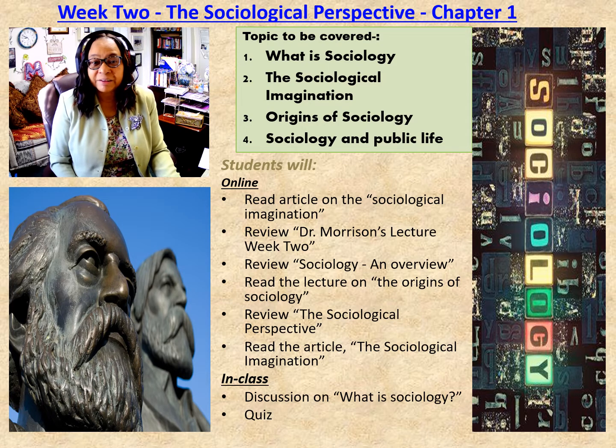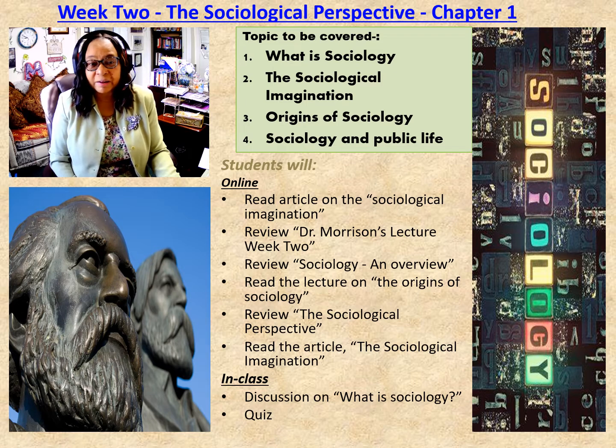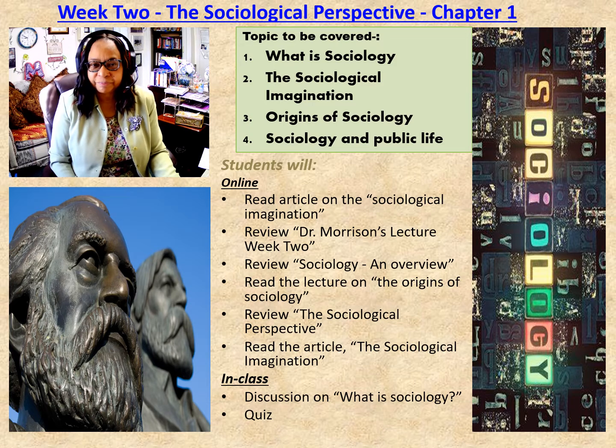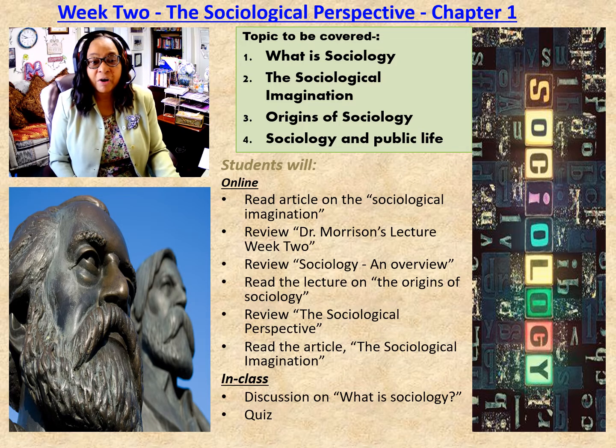Students will be required to read the article on the sociological imagination, review the lecture for week 2, review the article Sociology and Overview, review the lecture on the origins of sociology, review the article on the sociological perspective, and read the article on the sociological imagination.